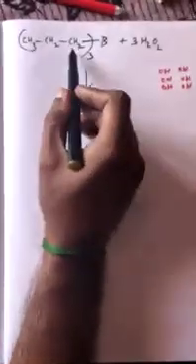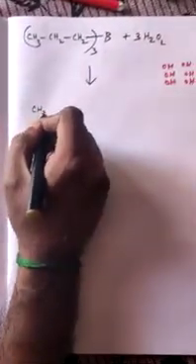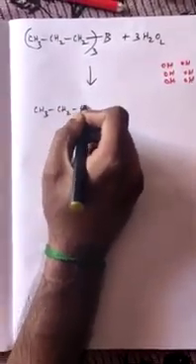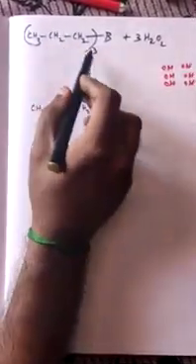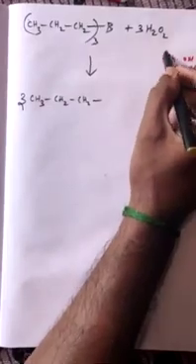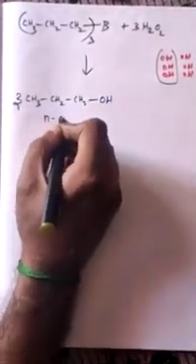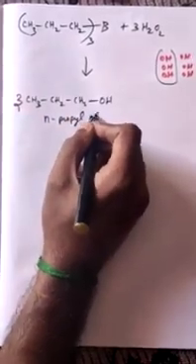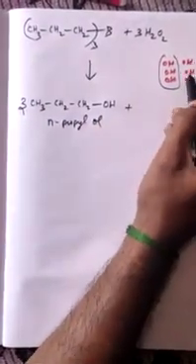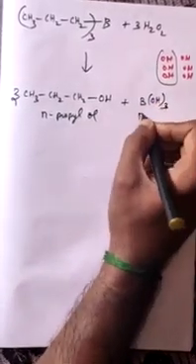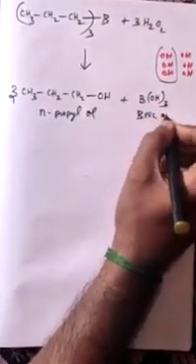How many propyl groups do we have? 3 propyl groups, CH3-CH2-CH2. These 3 OH groups are added here and form n-propyl alcohol, plus 3 OH groups and a boron, so B(OH)3. This is called boric acid.